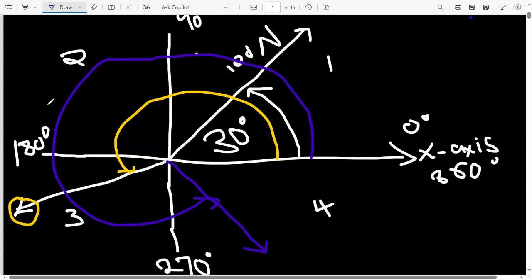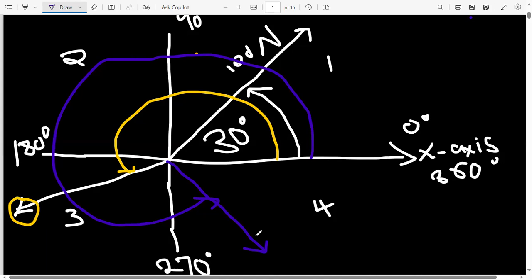So this whole blue angle here that I've drawn will be the direction of this vector. So if you're given a vector and a direction, then you can easily resolve it into what we call components. We have the x component and we have the y component.